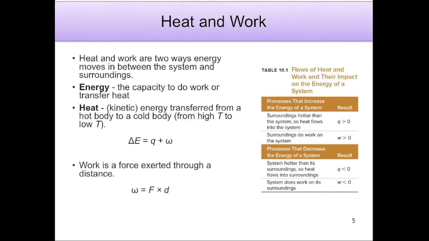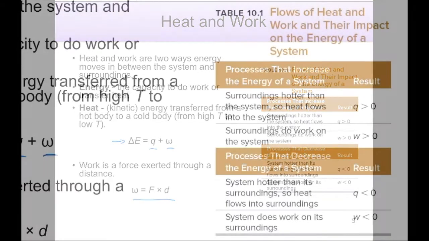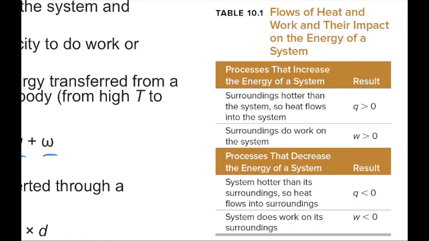And we can express that mathematically. So the change in the internal energy is going to be the sum of the heat, Q, and the work. And work is defined as a force times a distance. So if we zoom up to this table on the right, we can consider two different situations. We can consider processes that increase the energy of the system and processes that decrease the energy of the system.